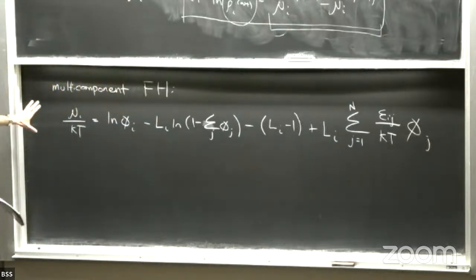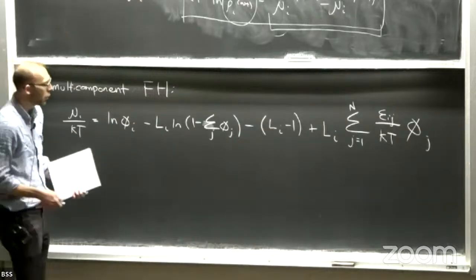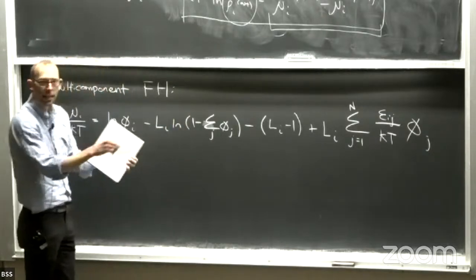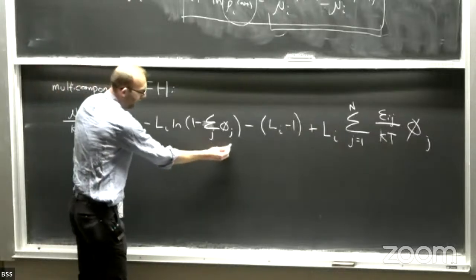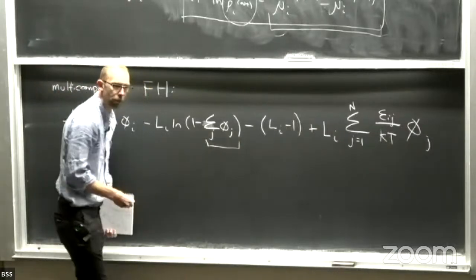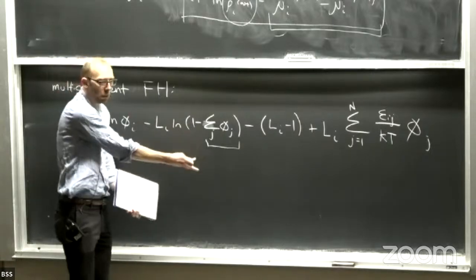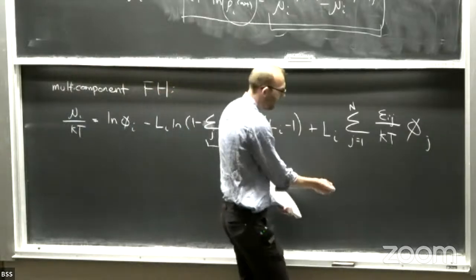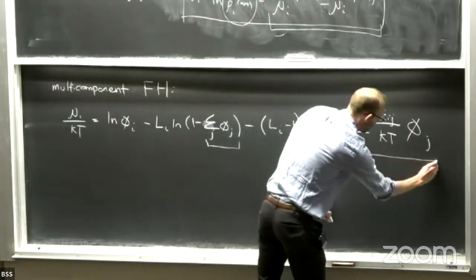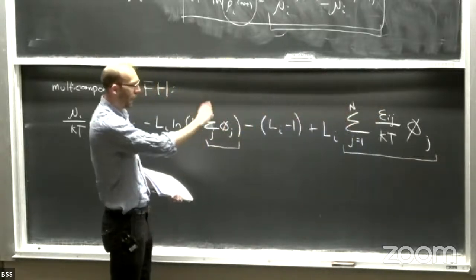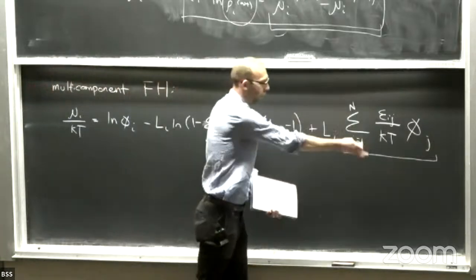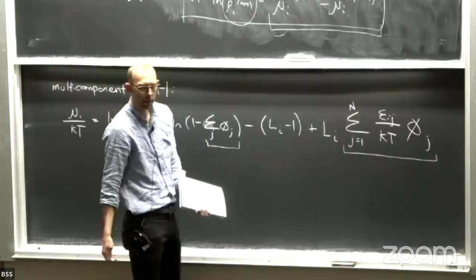Okay, so to get this expression, go back to what we had yesterday, and note that there are only two minor changes. One is that when you try to insert a polymer, it doesn't matter what is taking up space. So the phi that we had before is replaced by the sum of all of the volume fractions of all the possible polymeric species. And now our interactions, instead of being an energy times the volume fraction of a particular polymer, is just the sum over all the polymers that can be in this species, right?